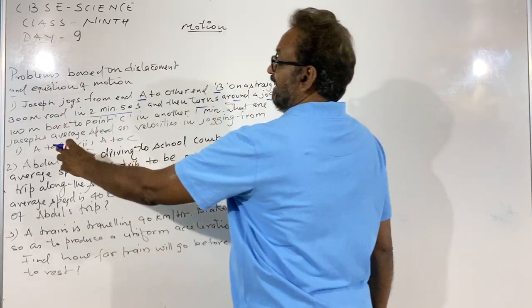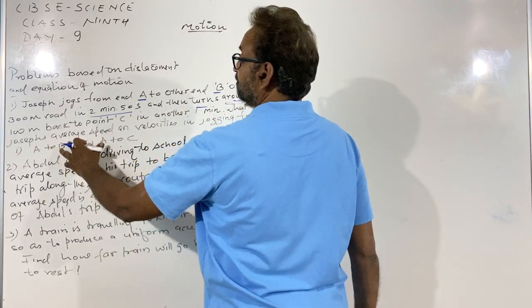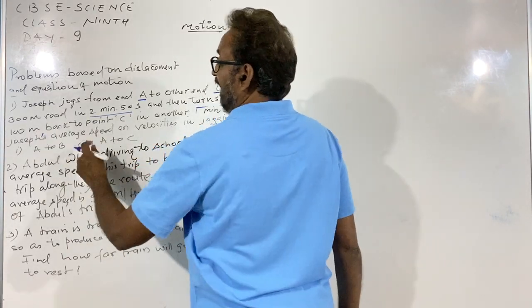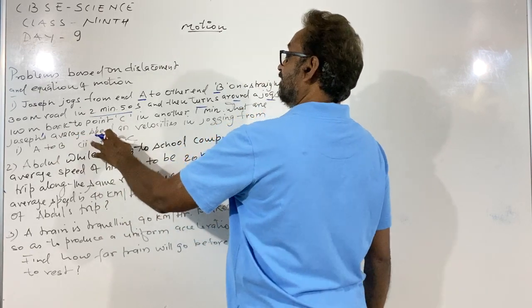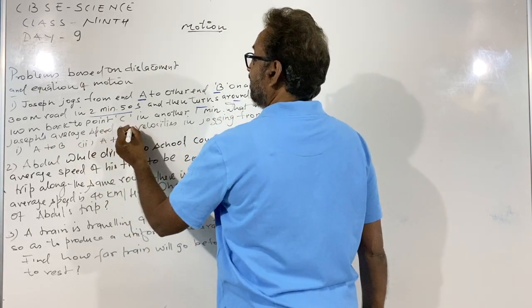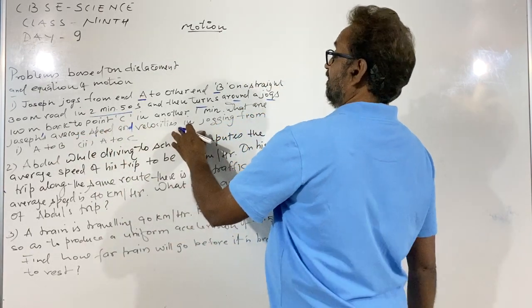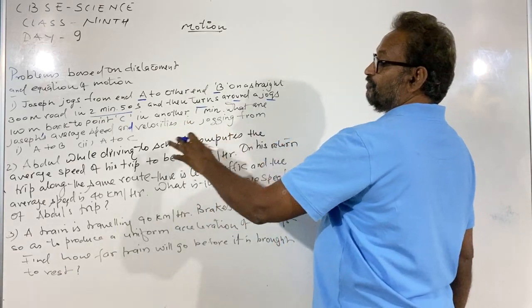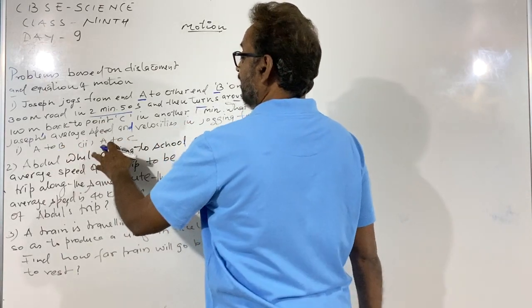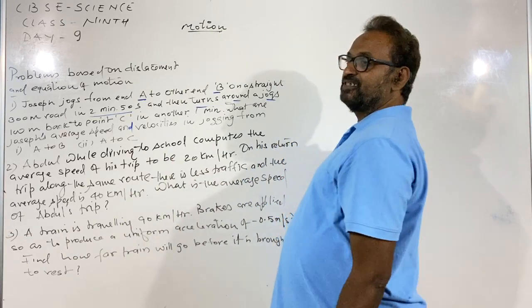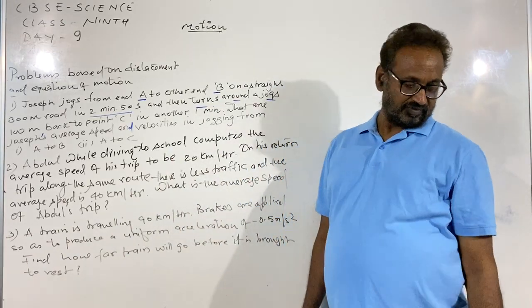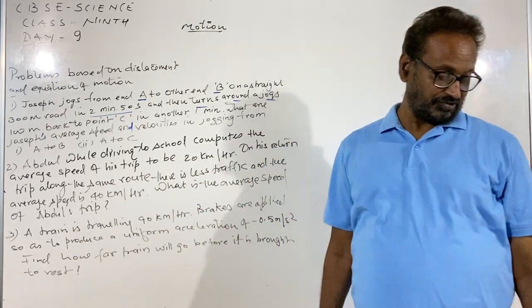What are Joseph's average speed and velocities in jogging from A to B and A to C? Okay, so let's see.